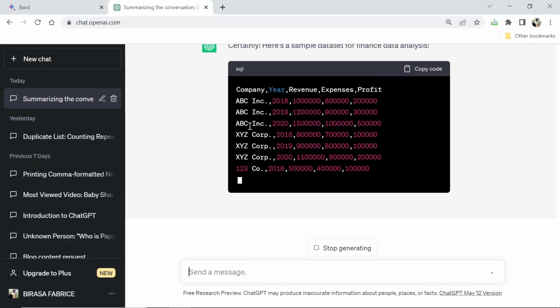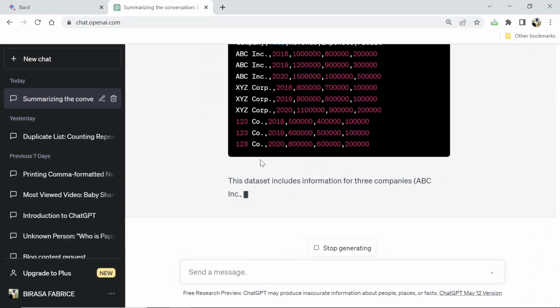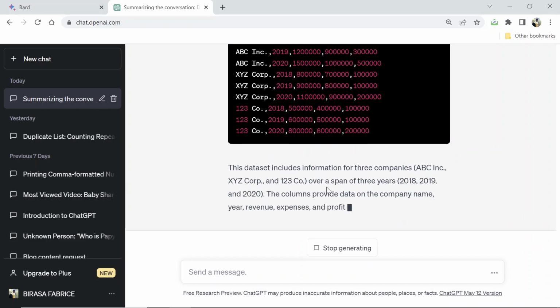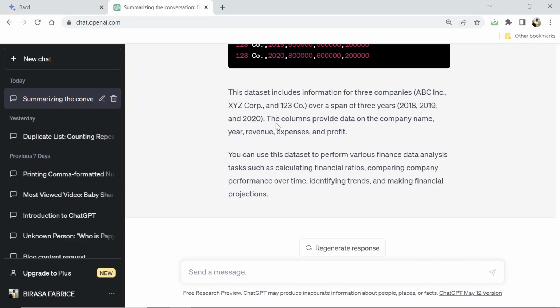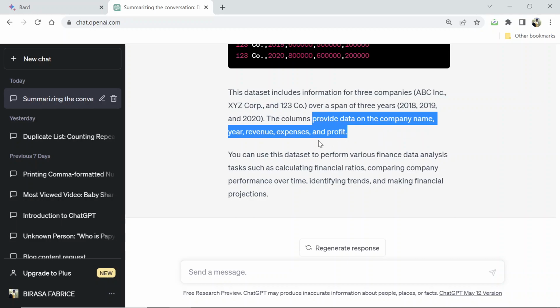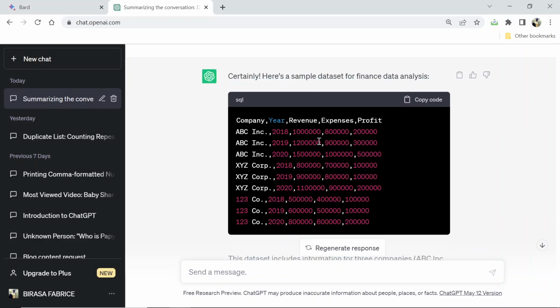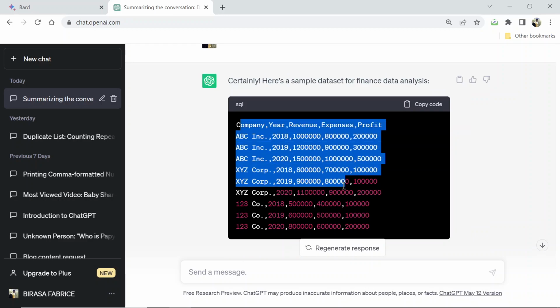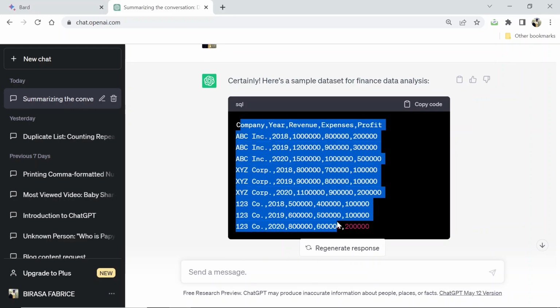ABC Inc., ABC Corp. The data set includes 3 companies, over a span of 3 years: 2018, 19, and 20. Columns provide date and the company name. Okay, you see, it gives me data for 3 companies: ABC, XYZ, and another.